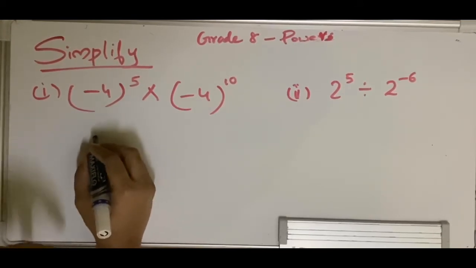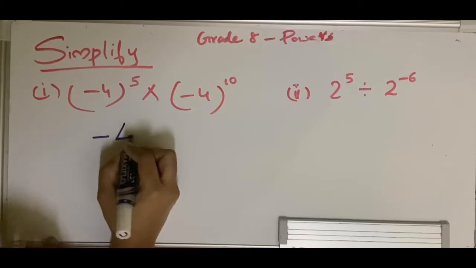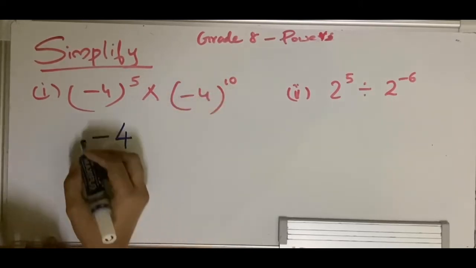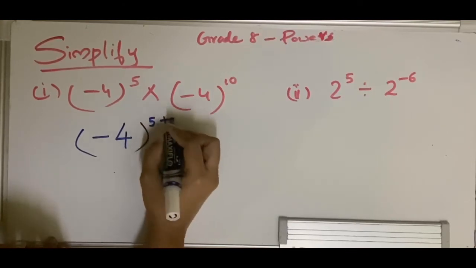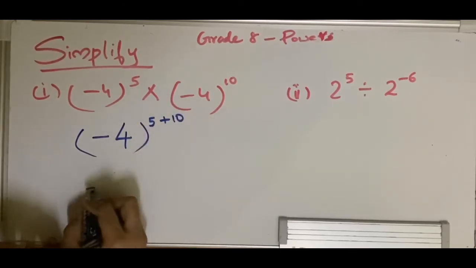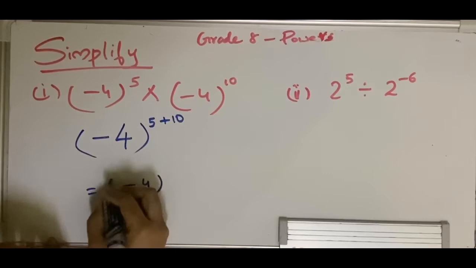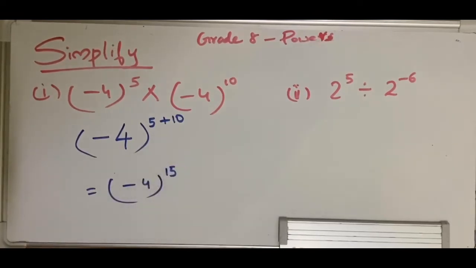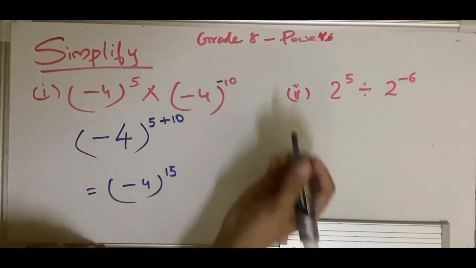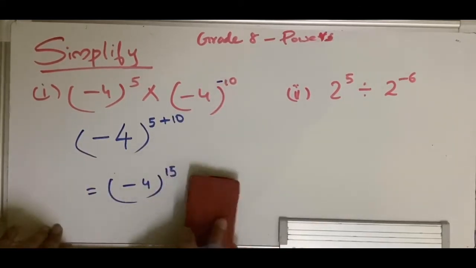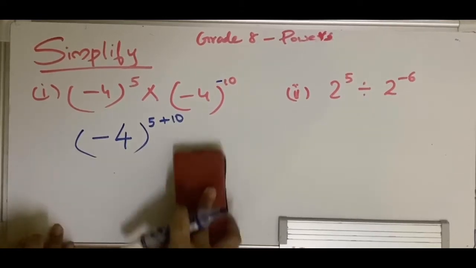Similarly, minus 4 raised to 5 times minus 4 raised to 10 would be minus 4 raised to 5 plus 10. So your final answer will be minus 4 raised to 15. Clear? Whereas if the question was minus 4 raised to 5 times minus 4 raised to minus 10, then what will happen here?